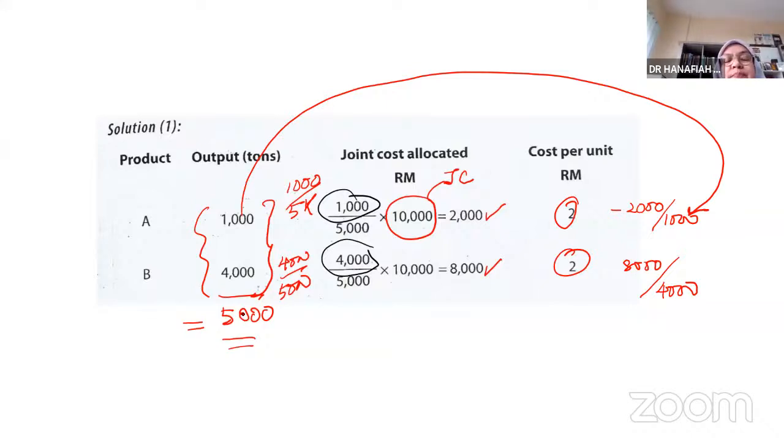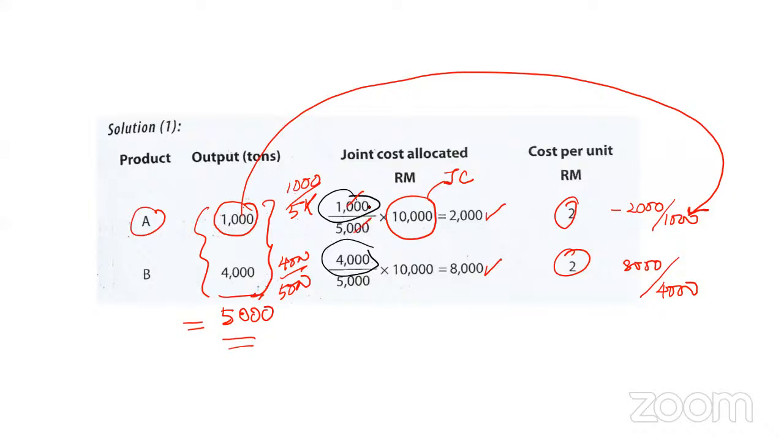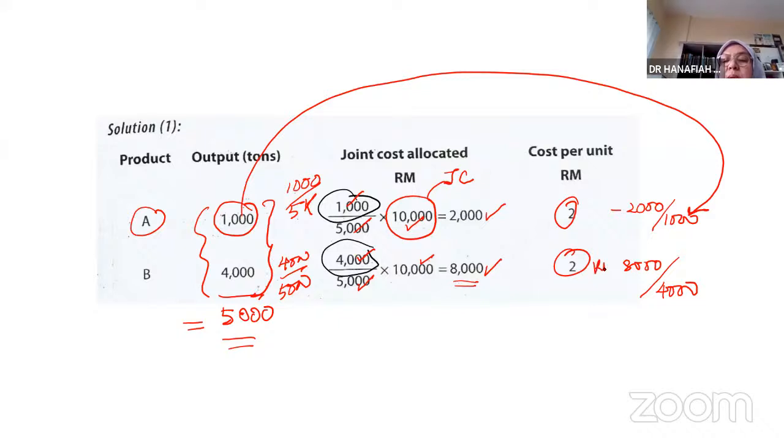To get the apportionment for A, it is 1,000 over 5,000 times the total cost 10,000, so you share 2,000 for A. The remaining balance, 4,000 divided by 5,000 times 10,000, is 8,000 for B. Then RM2 is divided by the number of output, 1,000 and 4,000, so that is why you get 2 ringgit. I think that is for physical.